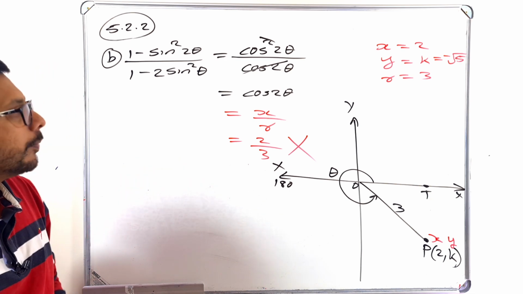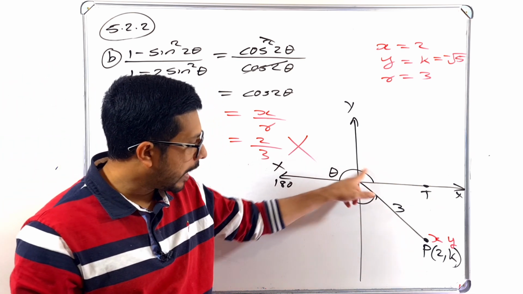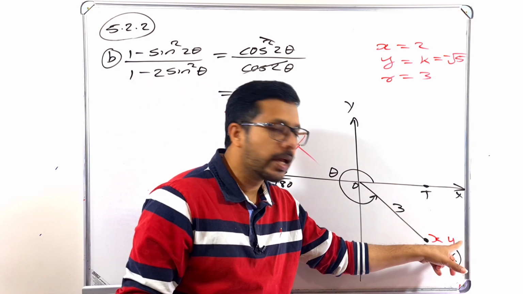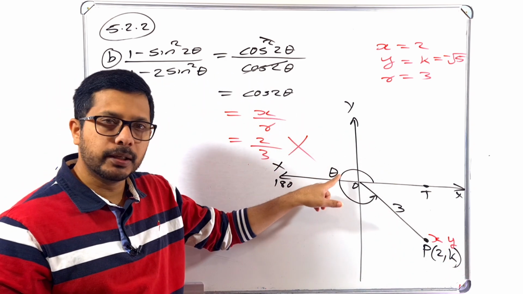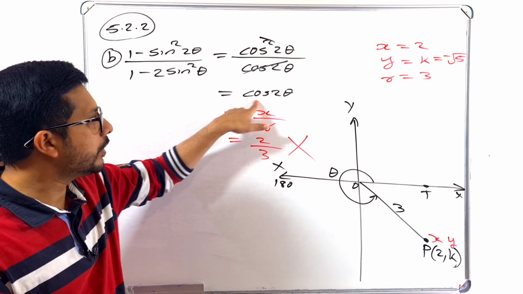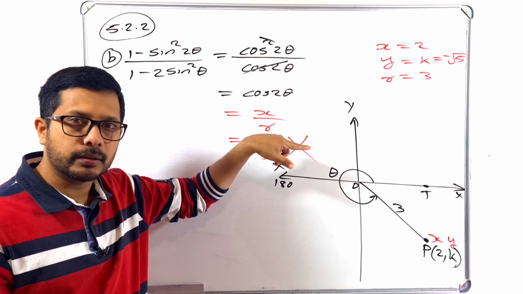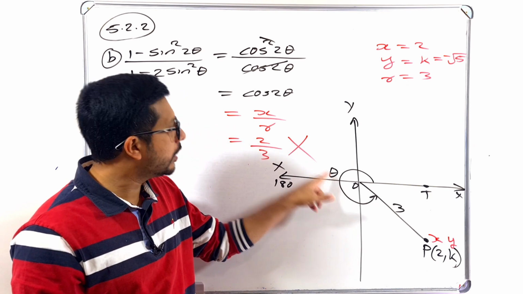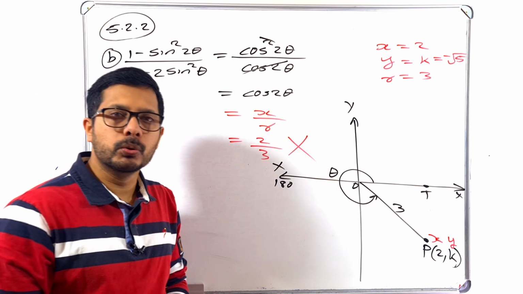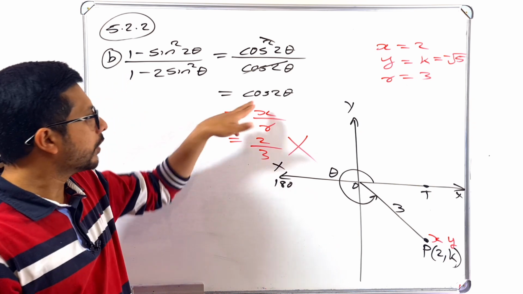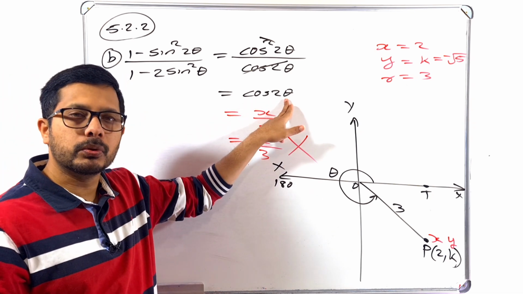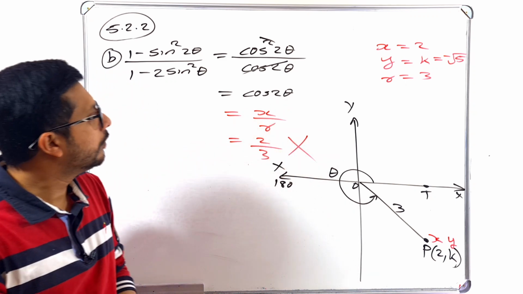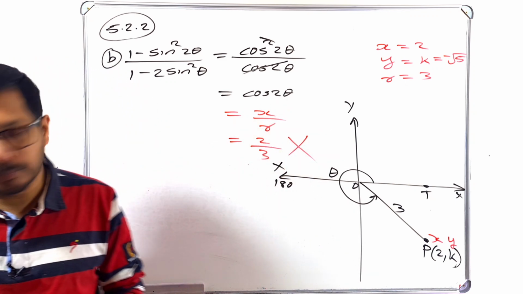Do you know why? What is the angle here? It is theta. So these x and y are based on this angle theta. But what we have here is cos 2 theta, not the same angle. Do you understand? So first of all, you have to convert this 2 theta into theta. We know many definitions of cos 2 theta.